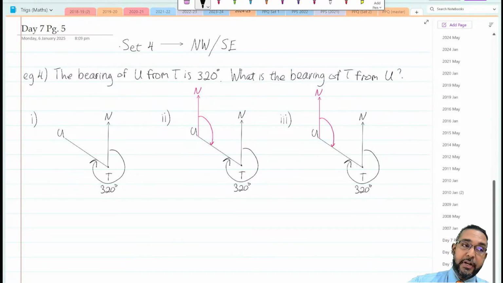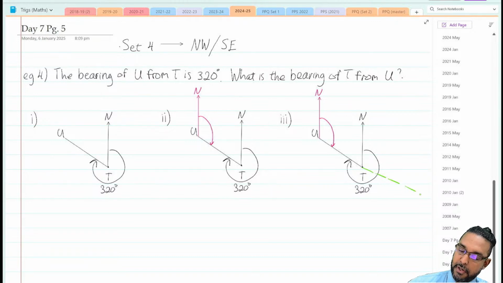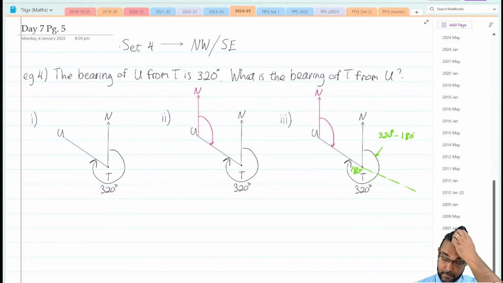Right, so now we're going to extend the line joining those two, and it's going to break up into a 180-degree portion. And this piece here will be 320 minus 180, which is 140.